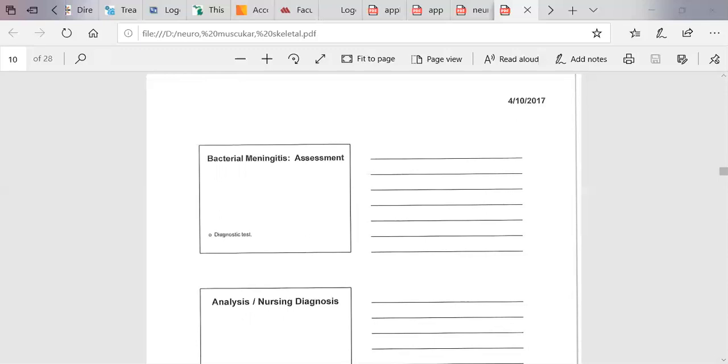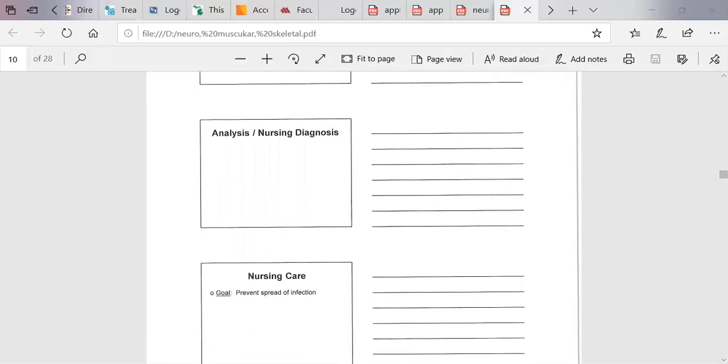Some different diagnostic tests we will do for bacterial meningitis is a lumbar puncture to obtain cerebrospinal fluid. We would see an increase in protein in that cerebrospinal fluid. We could also culture them for H. influenza, E. coli, streptococcal.